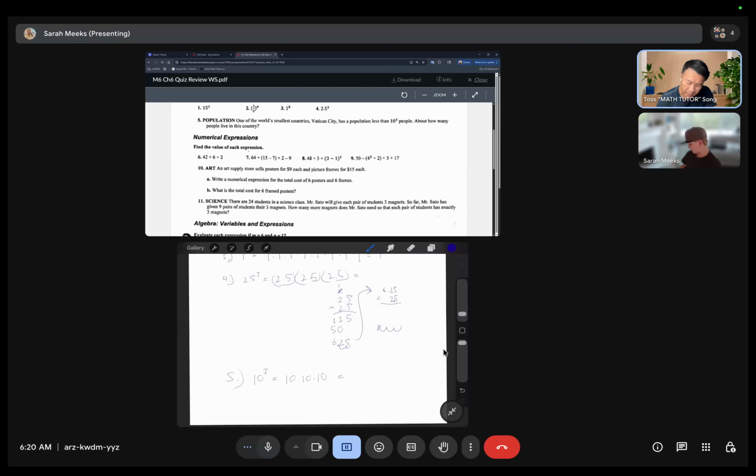There's a shortcut. If you ever have 10 to any power, this is actually something that a lot of students can do really quickly. And in science, it's quick. 10 to any power will be exactly 1 and as many zeros as the exponent says.